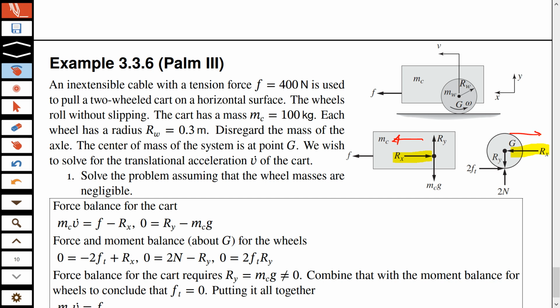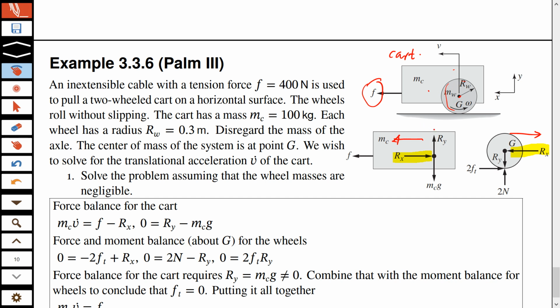And that is wrong, because when you apply force, the cart and the wheel are different bodies. Of course, the axle connects the cart with the wheel, and the axle is considered to be part of the wheel. So when you apply this force, first it is transmitted to the cart, to the axle.